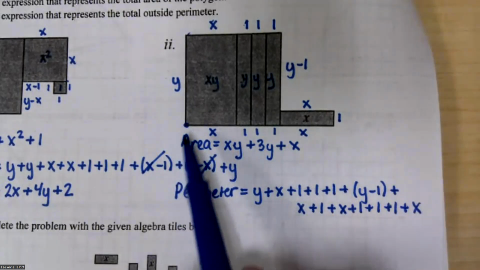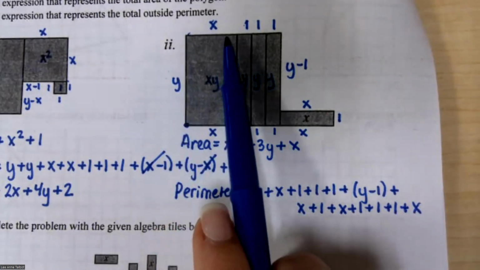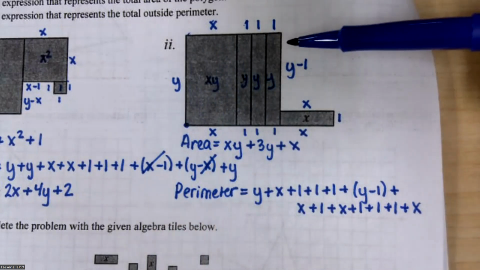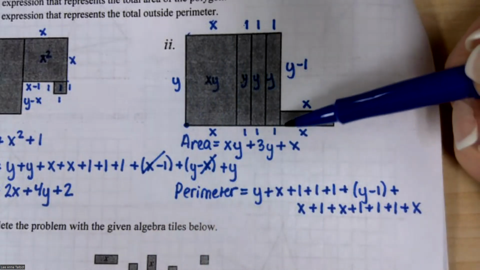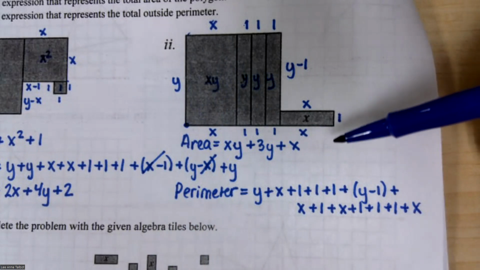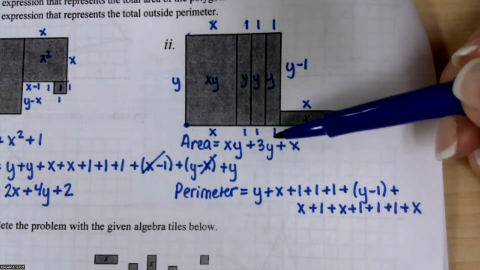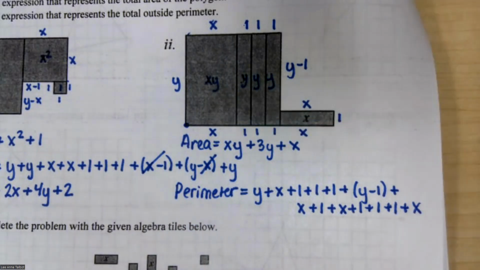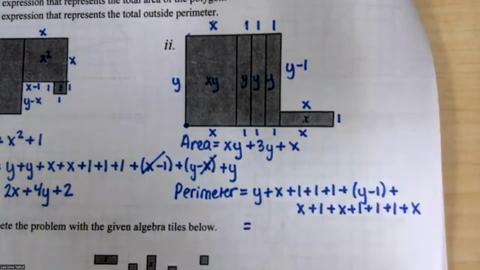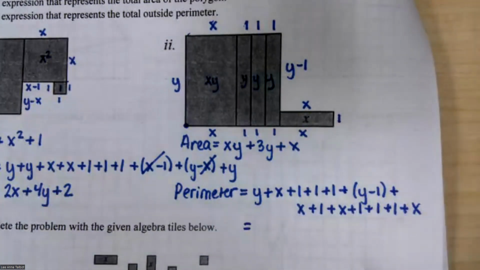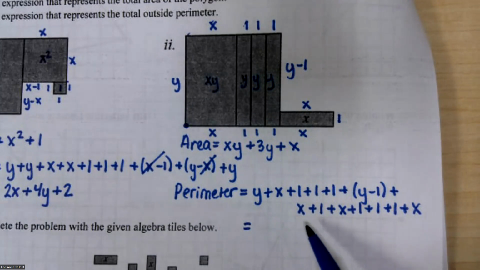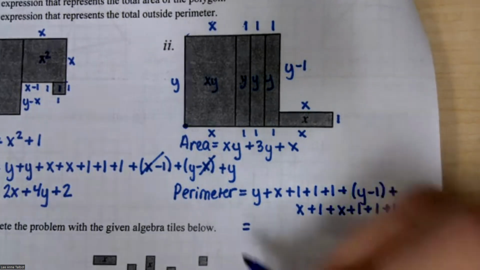Let me just check. Y plus x plus 1 plus 1 plus 1 plus y minus 1 plus x plus 1 plus x plus 1 plus 1 plus 1 plus x. Okay. It's a lot. Okay. How many x's are there? 4?